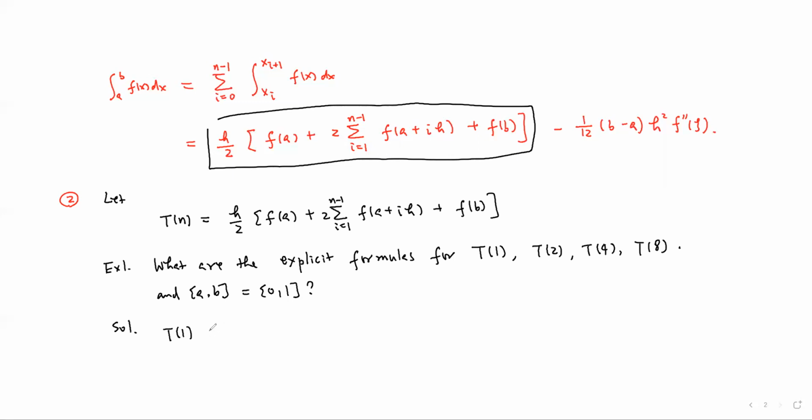So when n is 1, the middle sum is 0 plus f(b). So when n is 1, this is the trapezoid rule.